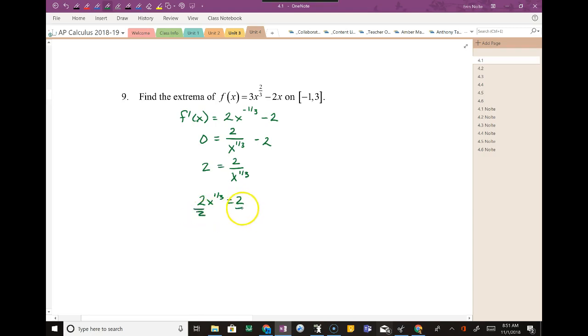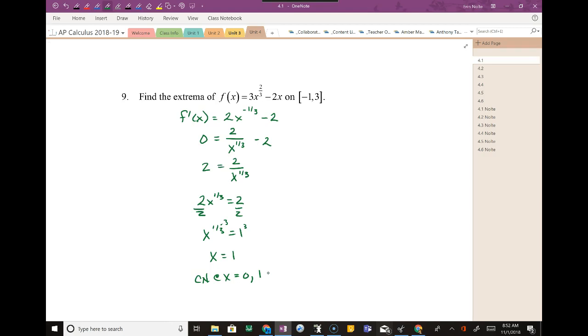Divide by 2, so x to the 1/3 equals 1. To get rid of a 1/3, we'd cube, and 1 cubed is 1. So I have two critical numbers, at x equals 0 and x equals 1. Both critical values exist in my interval.